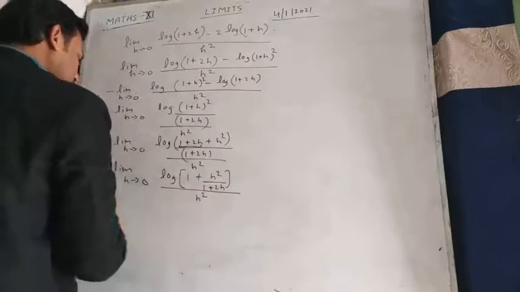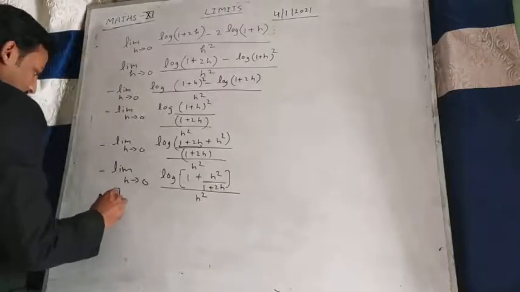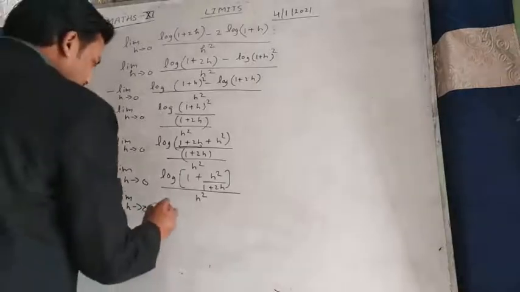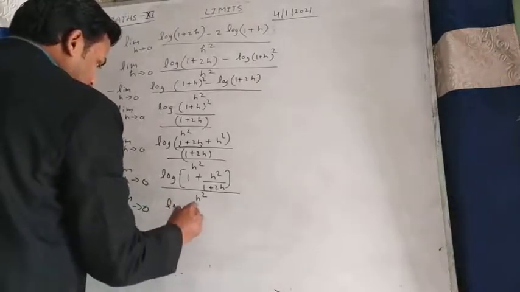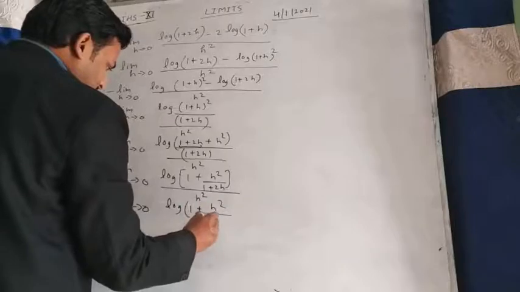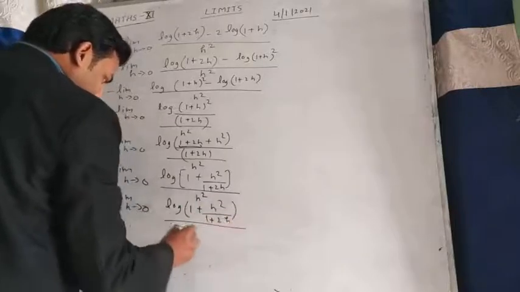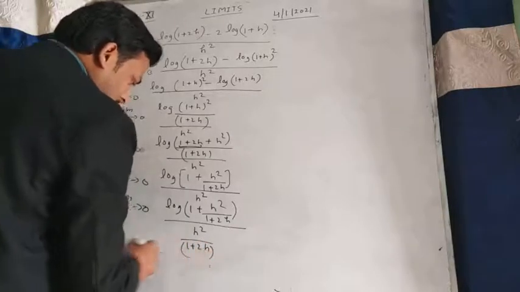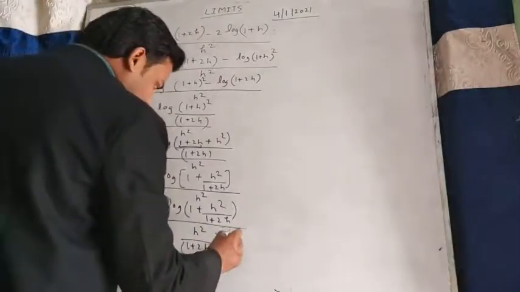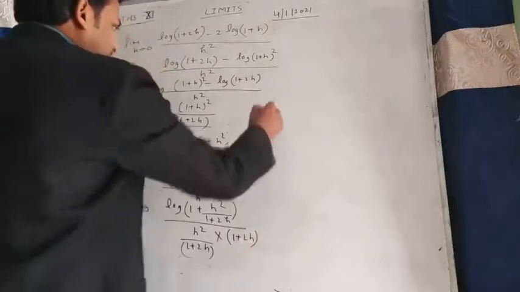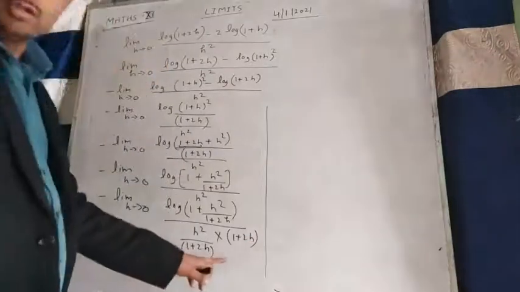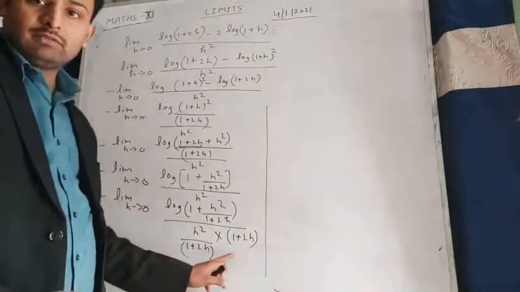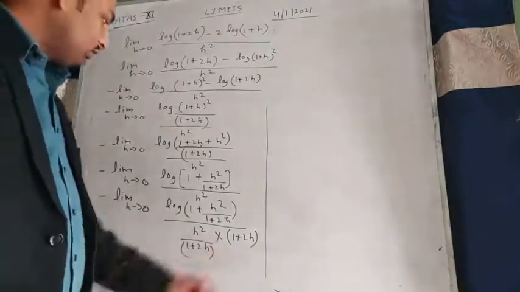Okay, student, now limit h tends to 0, we can write log 1 plus h square by 1 plus 2h by h square by 1 plus 2h. We have divided with this and now multiply with this term, dividing with 1 plus 2h and multiply with 1 plus 2h.